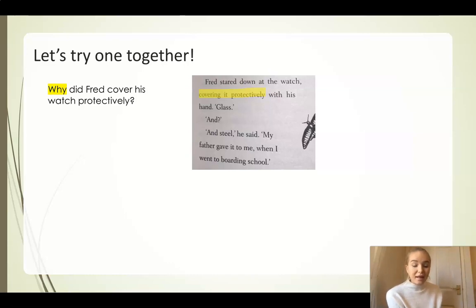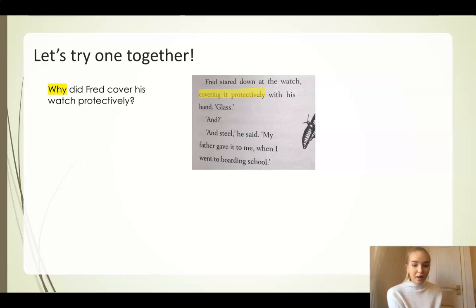Now that's me thinking all the way back to maybe 2 or 3 reading sessions ago, and I'm using my prior knowledge of why this might be special to Fred to make him want to cover it with protection and to really keep it safe. So now I'm starting to think, Fred also went to boarding school. Now, boarding school, if you're unaware, is a school where you go, but you also live there too.